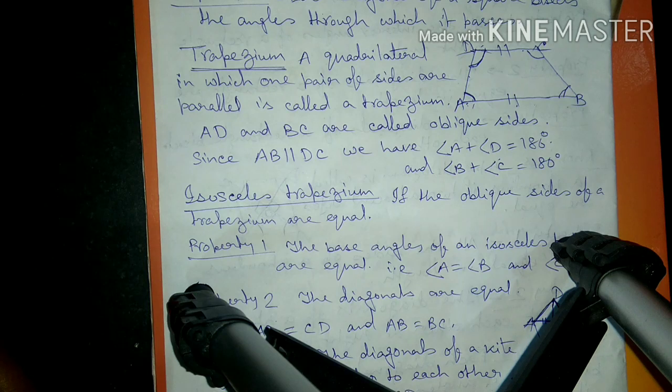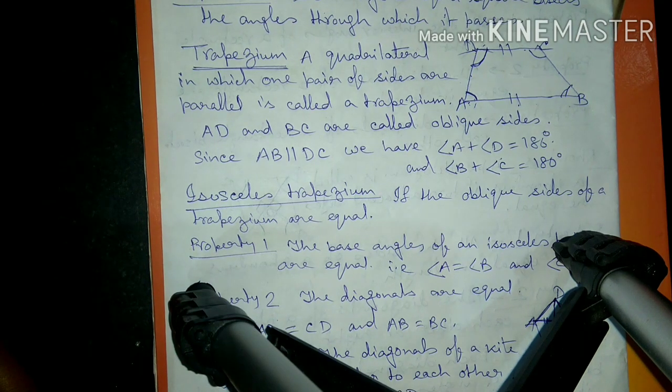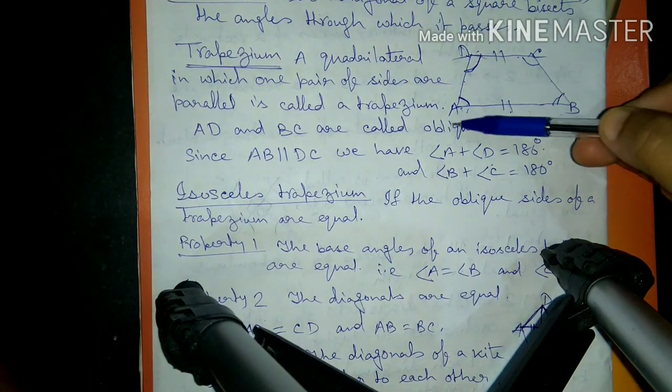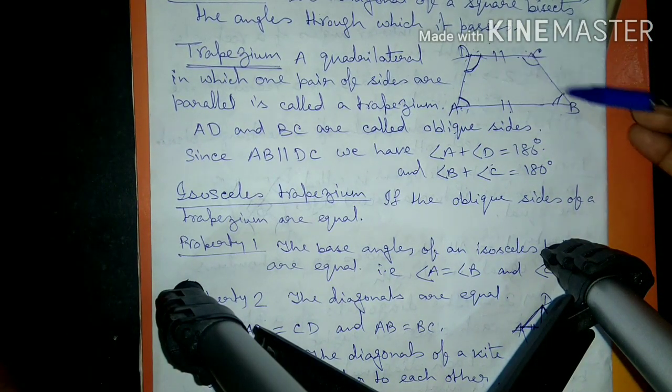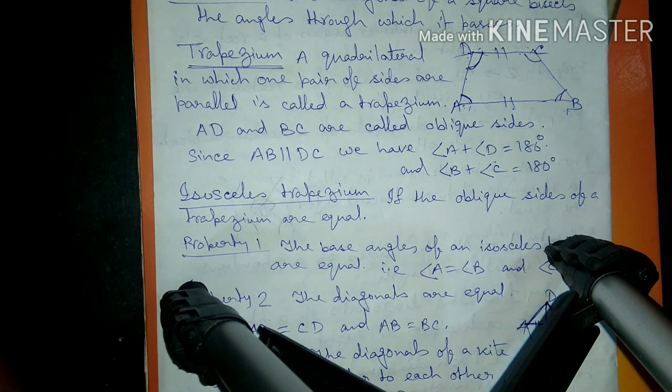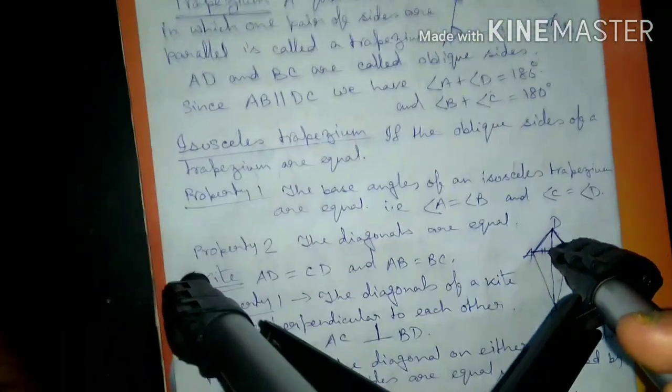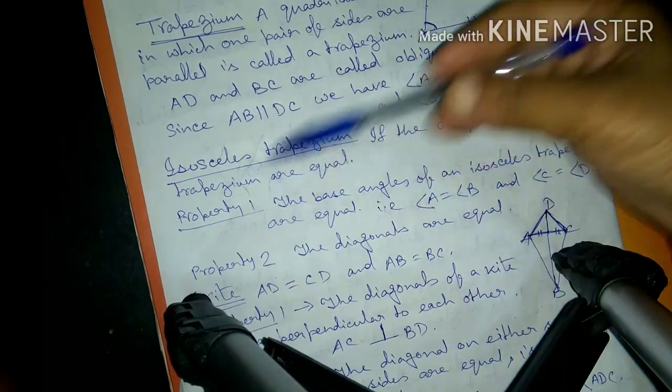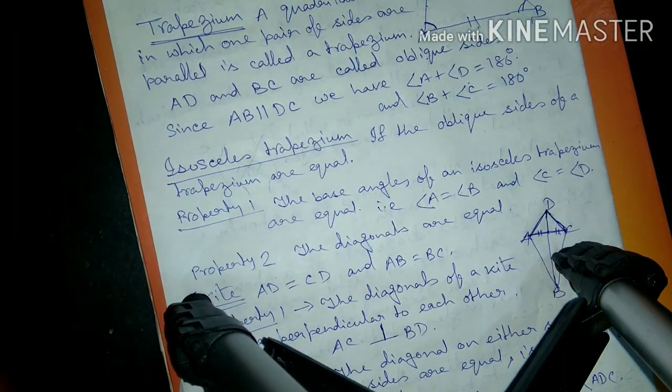Isosceles triangle means what? Where two sides are equal. Yes or no? Any two adjacent sides are equal in an isosceles triangle. So similarly in an isosceles trapezium, if these oblique sides are equal in length, then that is called an isosceles trapezium. So what is the property of an isosceles trapezium?